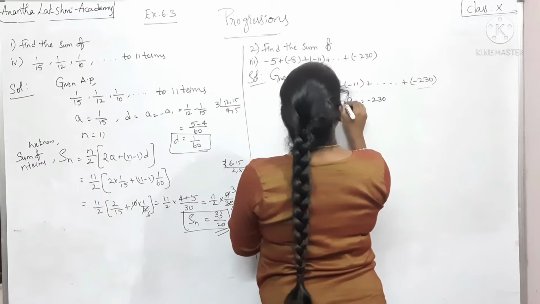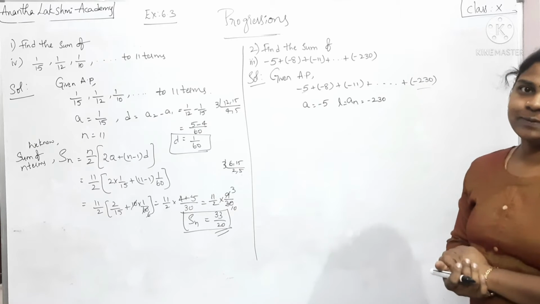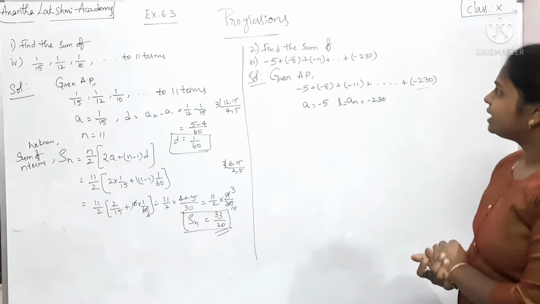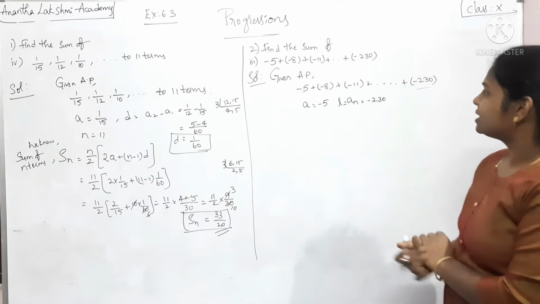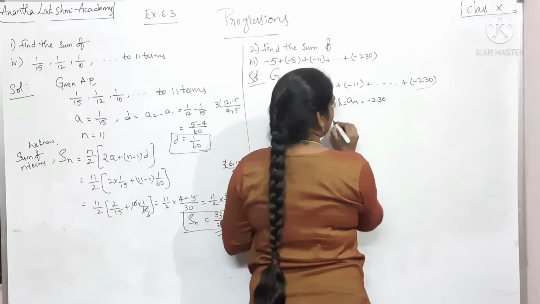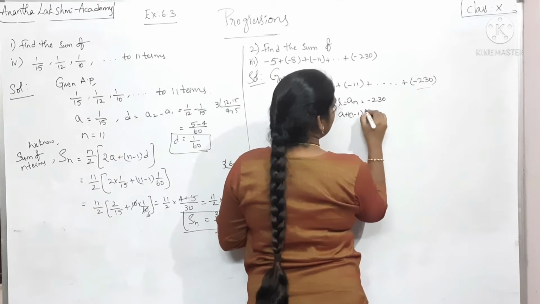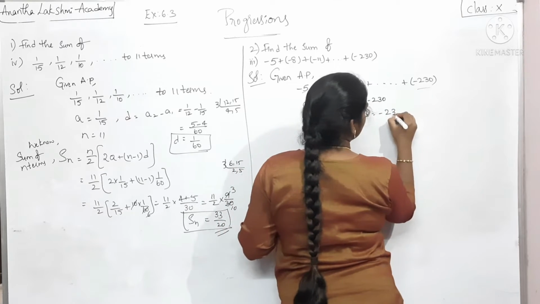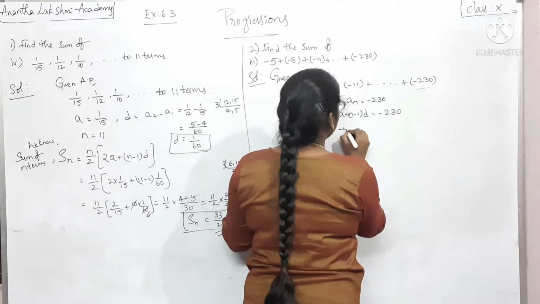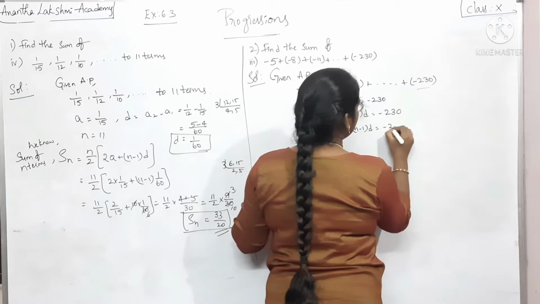An is nothing but l, the last term, the nth term and the last term being the same. Sum of how many terms are they asking us? They have given us an. When an is equal to minus 230, a plus n minus 1 into d is equal to minus 230. So here a is minus 5 plus n minus 1 into d is equal to minus 230.